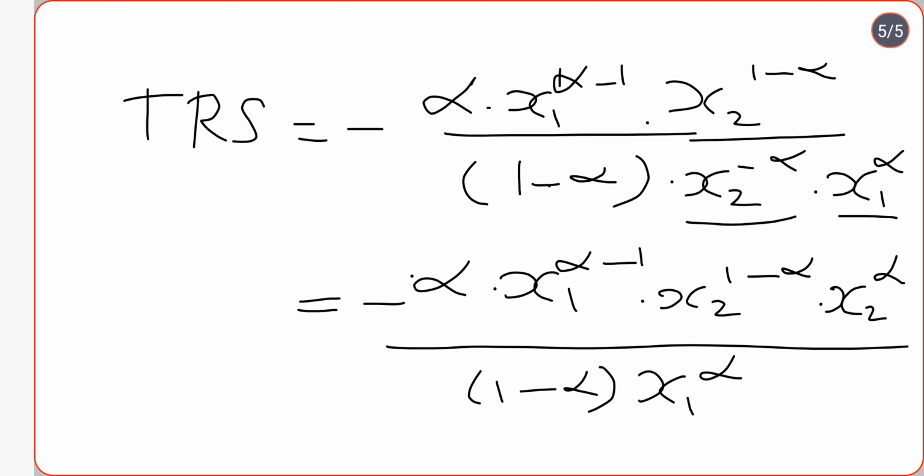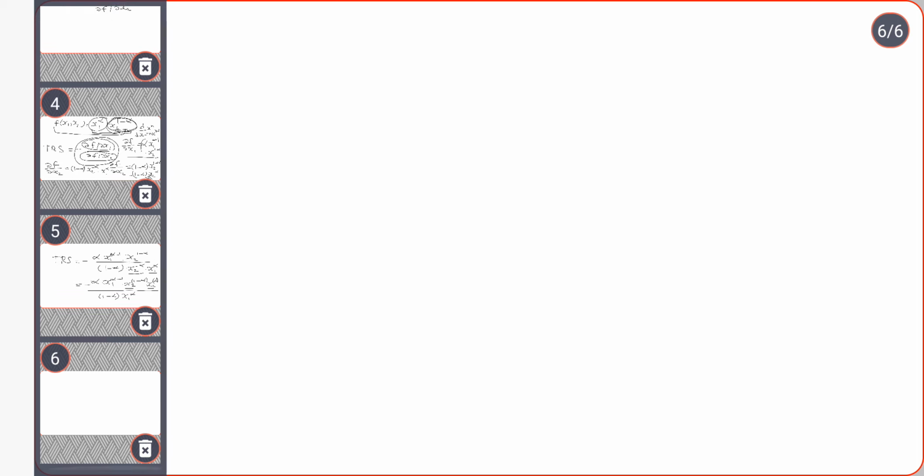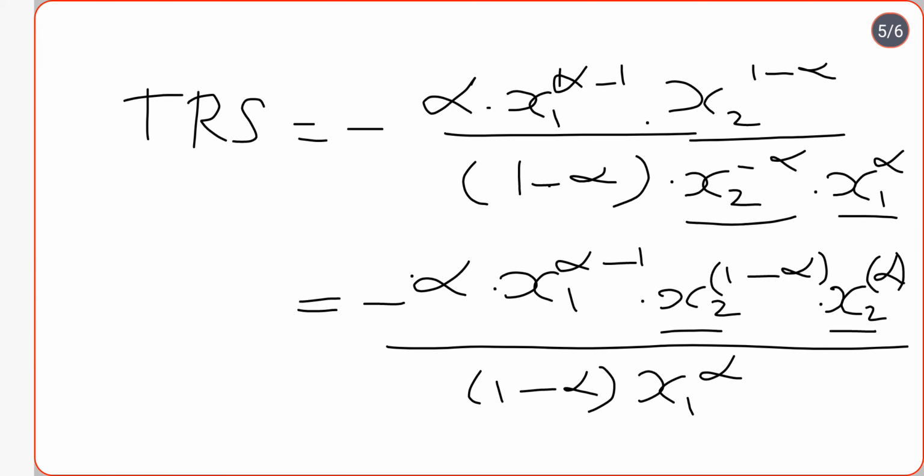So what we have obtained here is that if these x2 bases are equal, the powers will be added as per the law of indices. Previously we have this, so now we will have minus alpha into x1 to the power alpha minus 1.